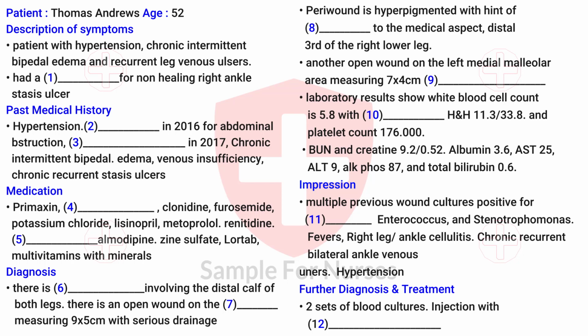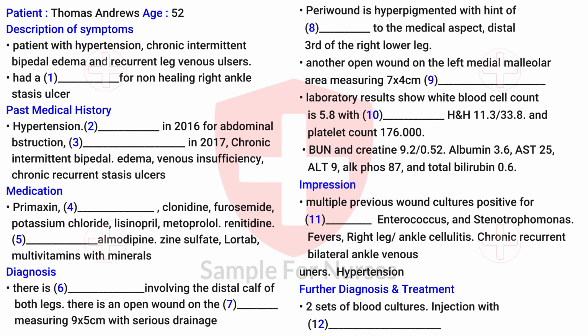Chest X-ray shows chronic bibasilar subsegmental atelectasis, likely related to elevated hemidiaphragm, secondary to chronic ileus. No acute findings. You have multiple previous wound cultures positive for Pseudomonas, Enterococcus, and Stenotrophomonas.